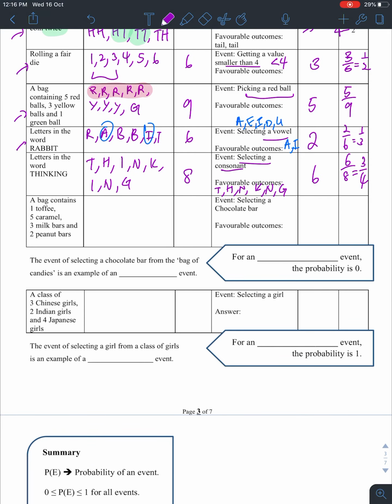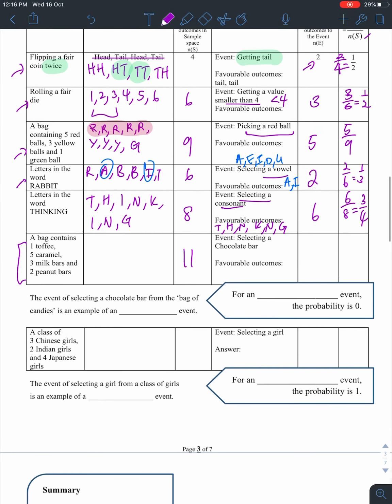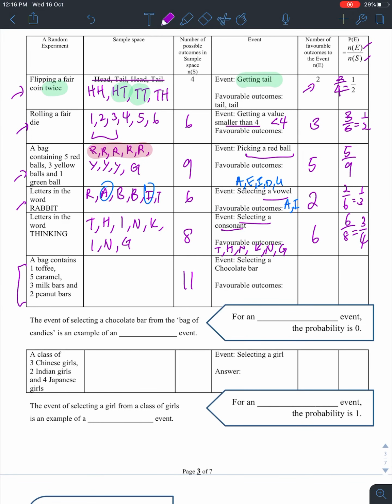Okay, the last one, right? A bag contains this amount of objects. You can easily count that there are 11 of such possible outcomes in the sample space. And in this case, we would like to select a chocolate bar. But you realize that you do not have any chocolate bar at all in this bag, right? So what is the number of favorable outcomes? 0, right?